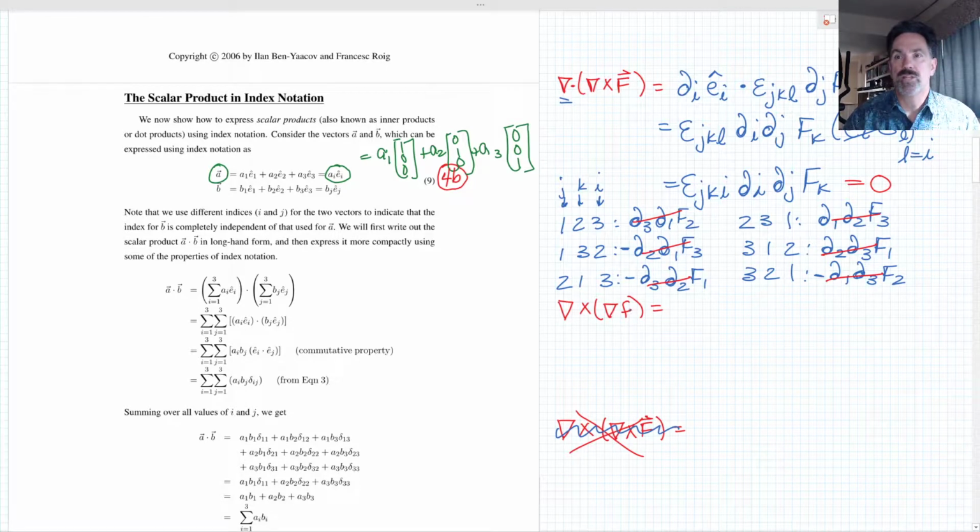So looking at this one here, we have again the partial i e_i. That's one way to write that del operator, crossed with, and now I have a gradient, which is partial j f.